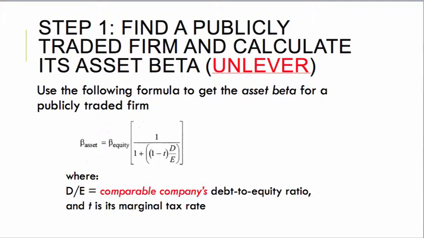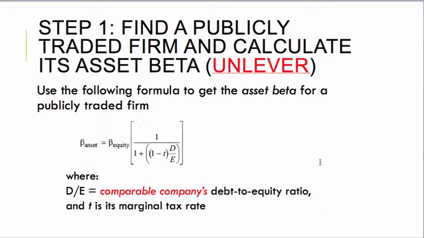After we identify the beta of a similar publicly traded firm, we need to adjust this company's beta for the company's leverage. We call it unlevered. The reason for doing this is that the beta of a firm is a function not only of the business risk of the projects, but also of its financial structure.